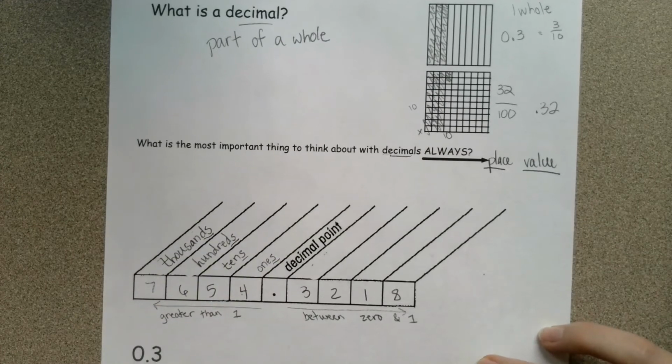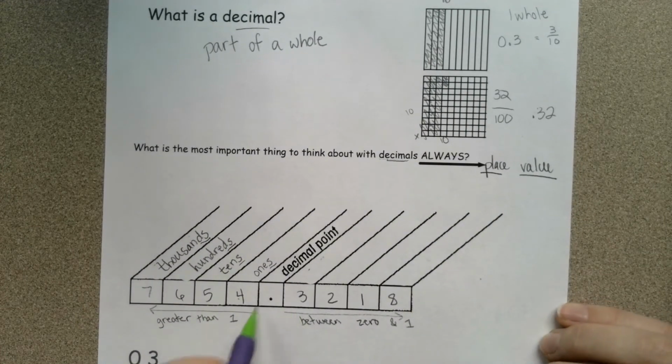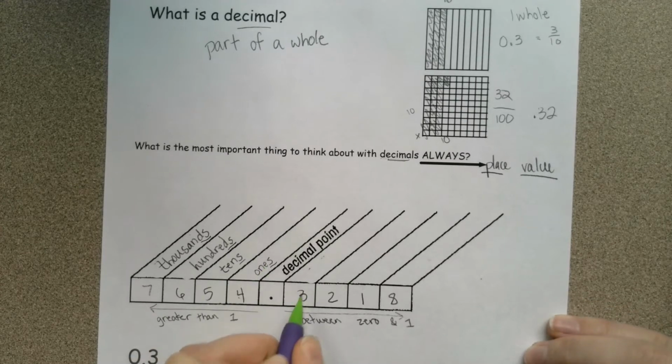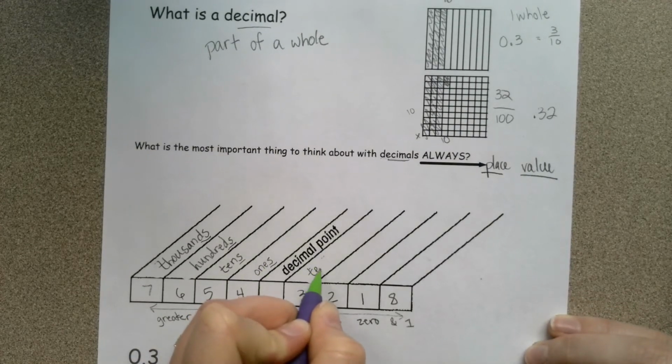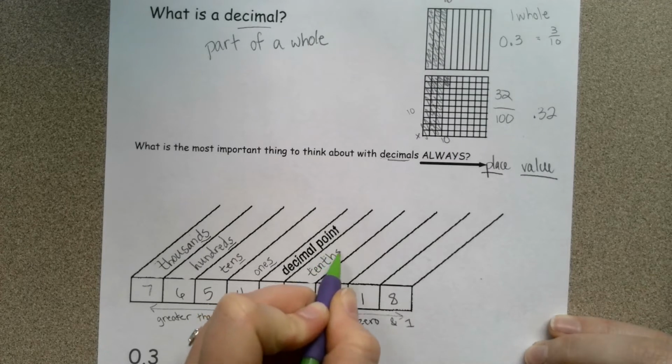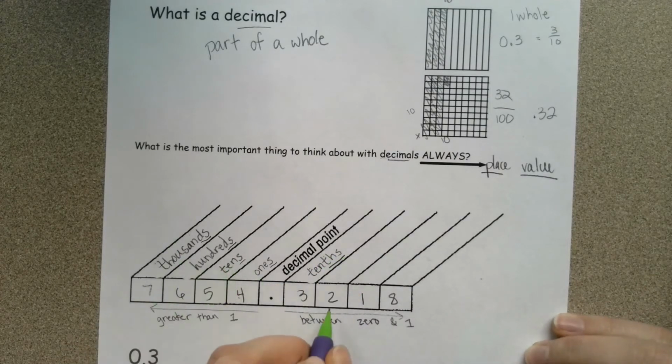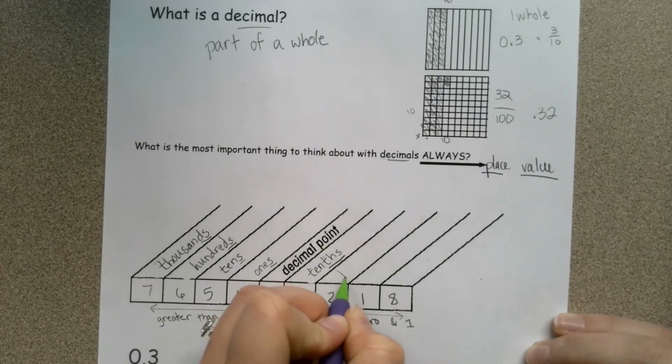Okay? If we go this way, the decimal point, it kind of looks like a reverse order of this, except we skip the ones place. So this first one is going to be the tenths place. Notice this time it ends in THS, whereas before it was just an S. The 2 is in the hundredths place.